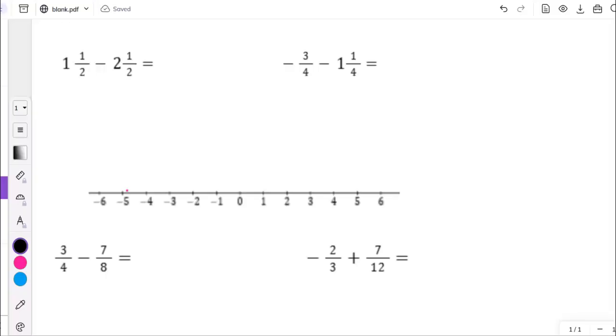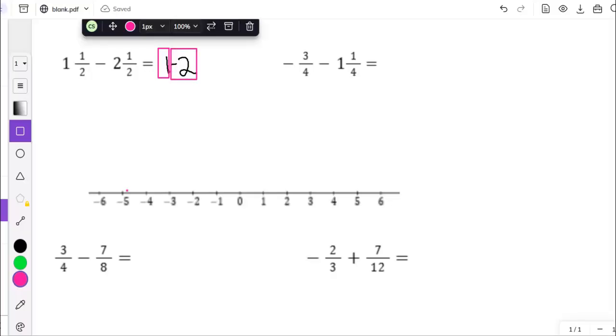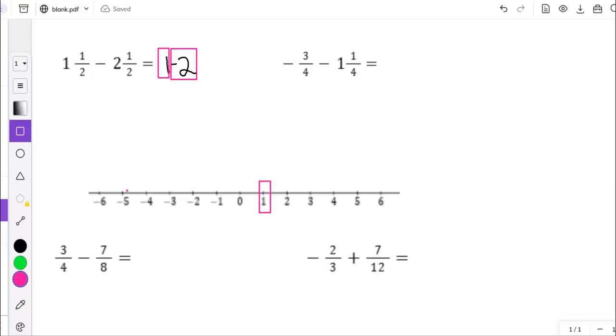So I'm going to do 1 minus 2 to come up with my first number, which again, I would do the exact same thing that I've been doing. My first number is where I start, and my second number tells me which way to go and how many. So I'm going to start at a +1, and I'm going to move 2 to the right. All right, so then my whole numbers become a -1.